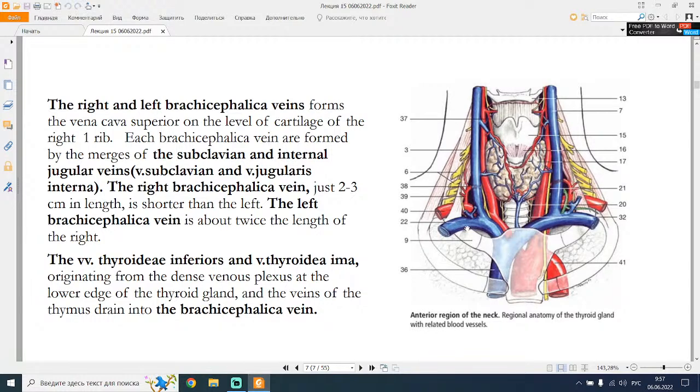Each brachiocephalic vein is formed by the junction of the subclavian and internal jugular veins. The right brachiocephalic vein is just 2-3 centimeters in length and is shorter than the left. The left brachiocephalic vein is about twice the length of the right.